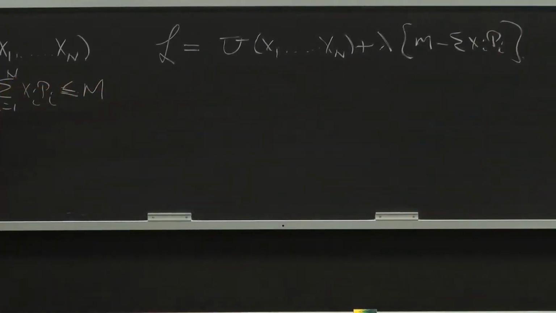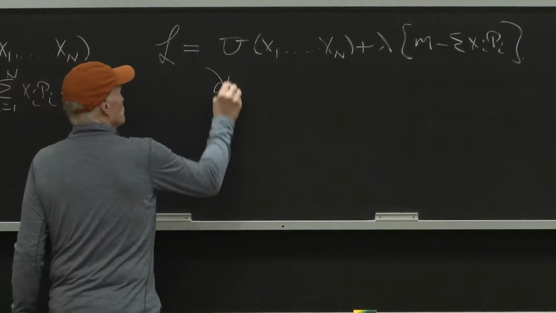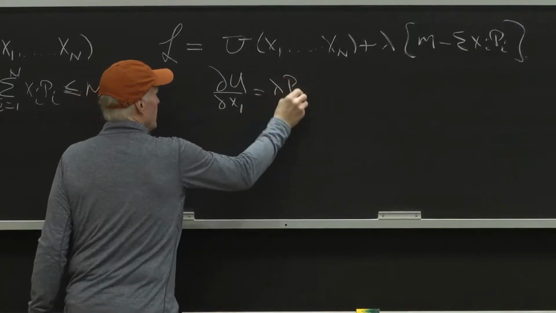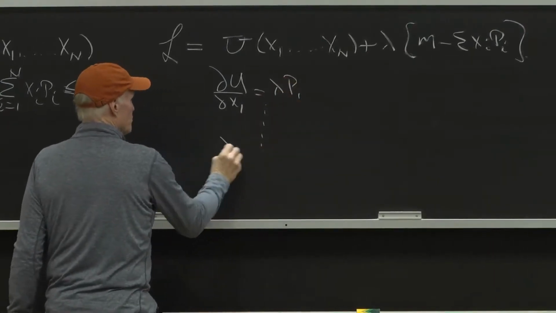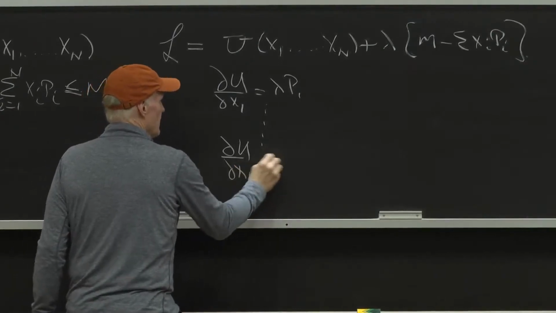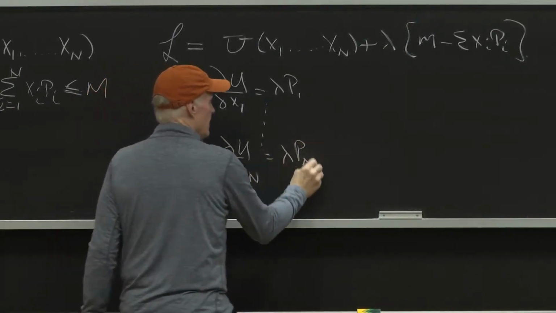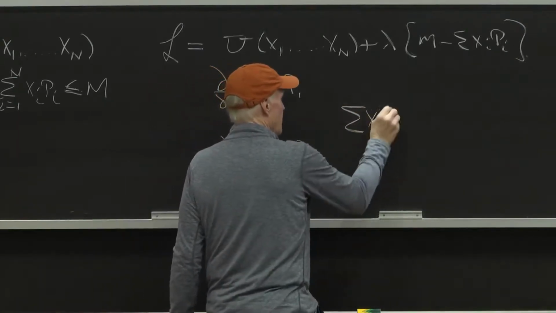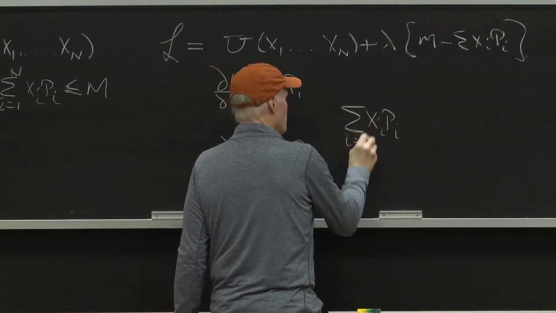And we said the critical or first order conditions for this are partial u partial x1 equals lambda p1, down to partial u partial xn equals lambda pn, and the budget constraint itself, the sum of xi pi, i equals 1 to n, equals m.